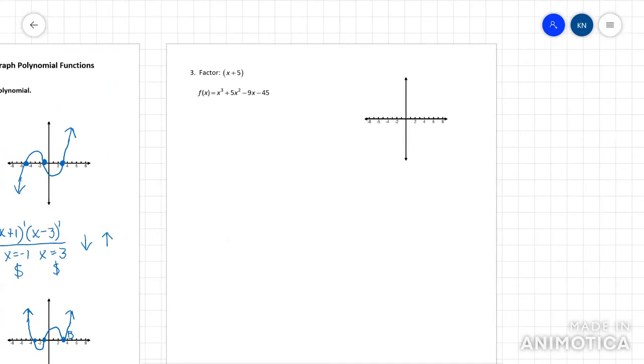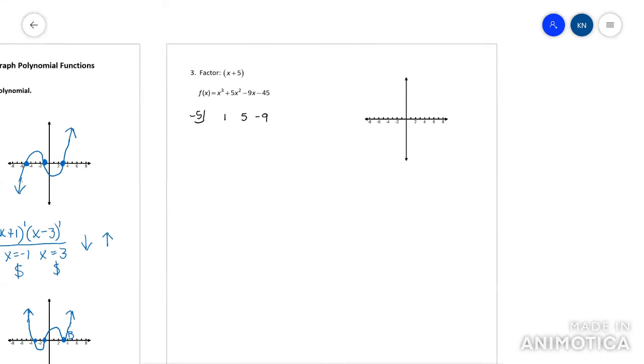Same thing. I'm going to start out by doing synthetic division. I got 0 remainder. So what's left is x squared minus 9, which factors further to be x plus 3, x minus 3.